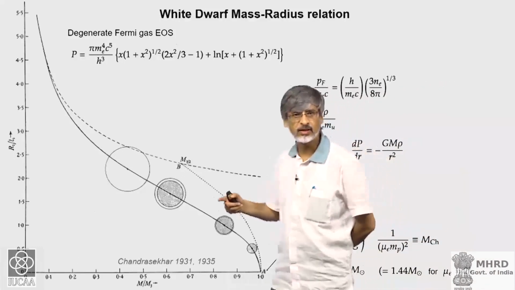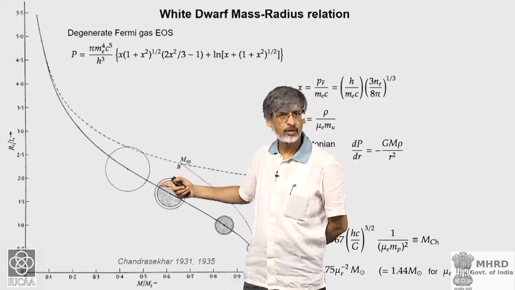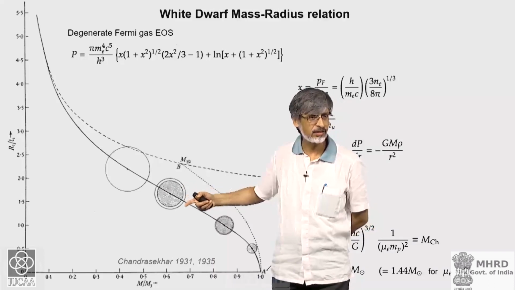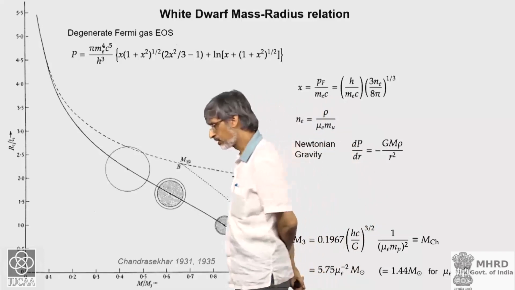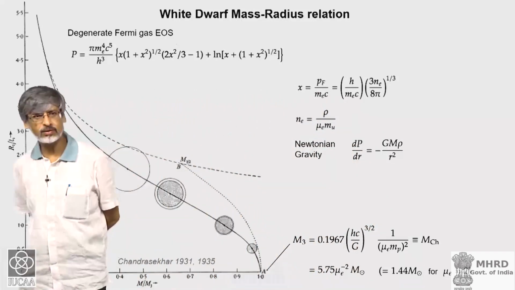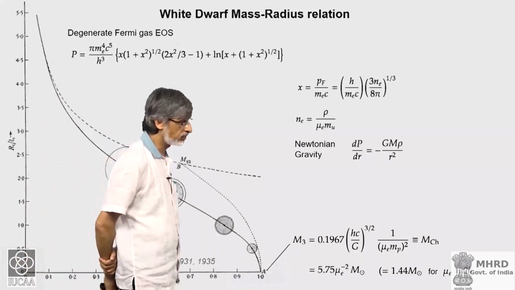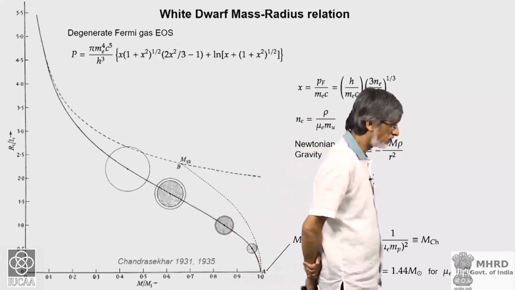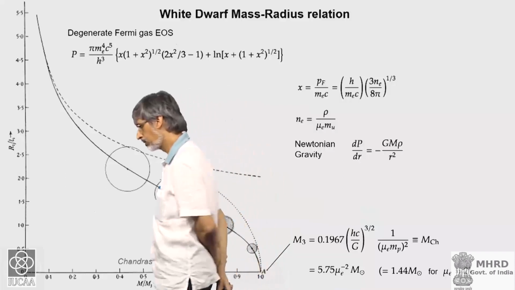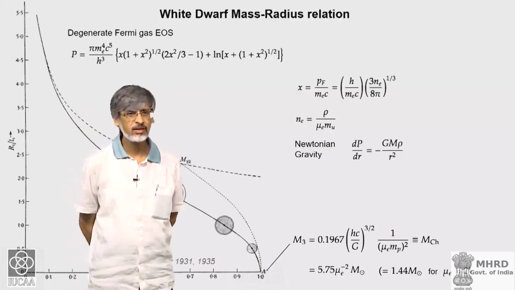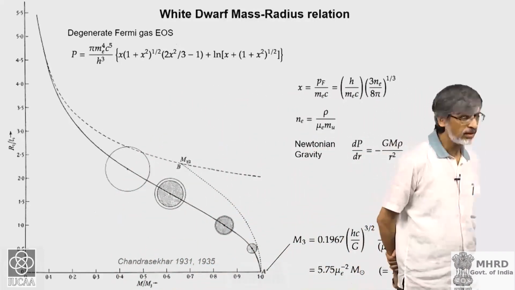First thing to note is that the radius of a white dwarf becomes smaller when the mass increases. This is opposite of what our normal experience is with matter of familiar kind. In terrestrial conditions, you take an iron ball and you take a heavier iron ball.